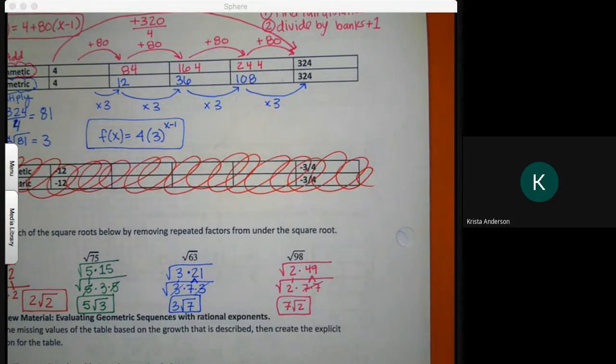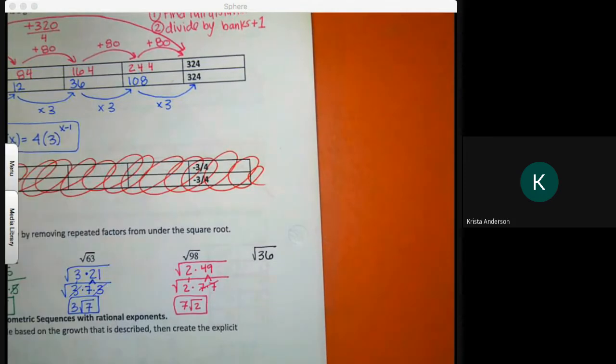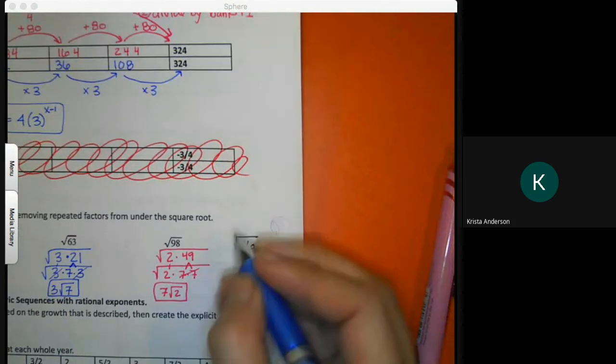Okay, I'm gonna add one, just in case this happens to you. The square root of 36. There are 2 ways to do this. Does anybody know what's special about 36?